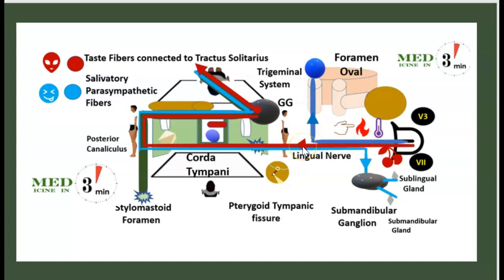There is parasympathetic fiber going to the submandibular ganglion, and there is touch, pain, and temperature of the anterior two-thirds of the tongue, through V3, going to the trigeminal system.